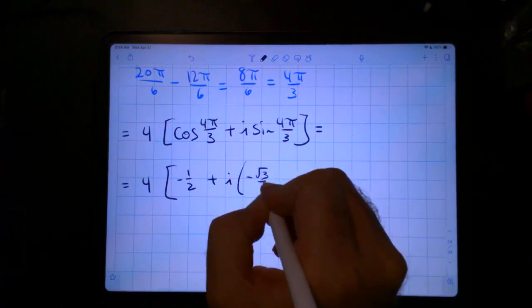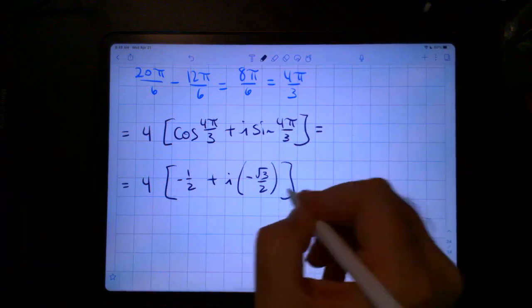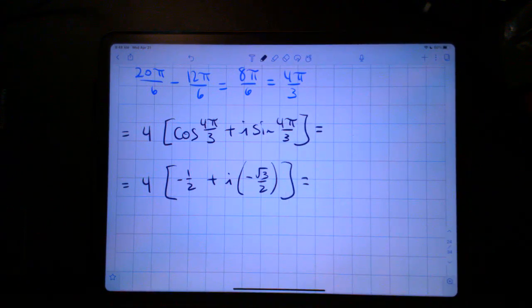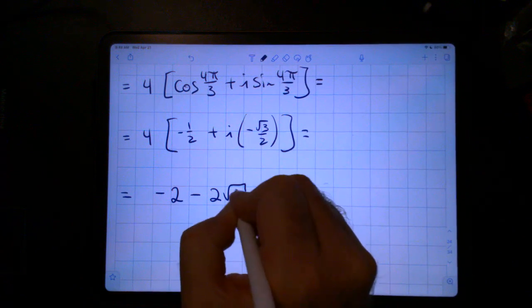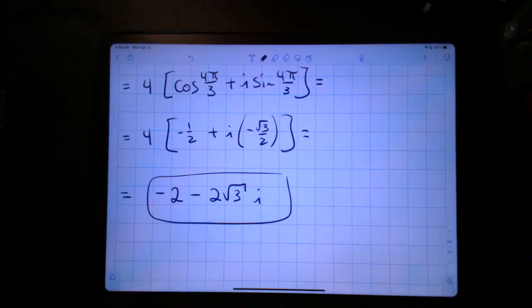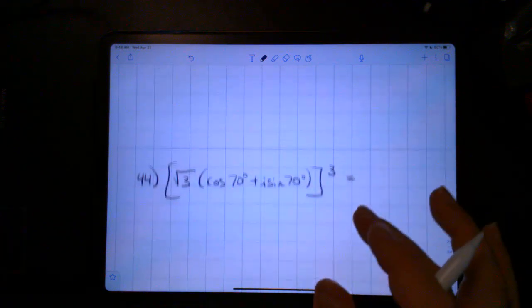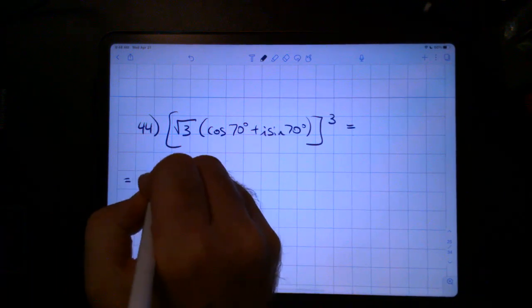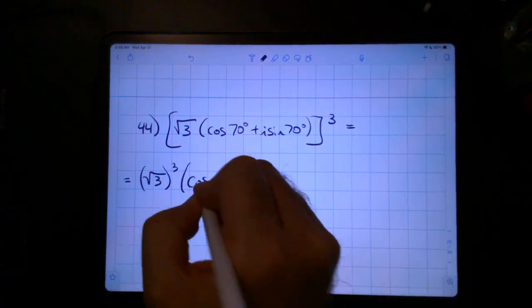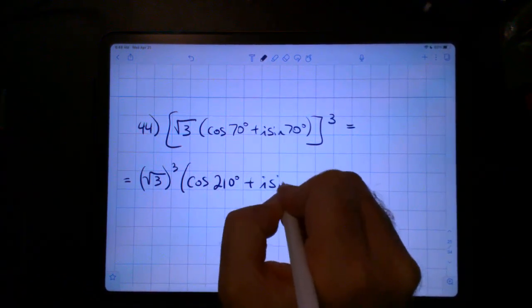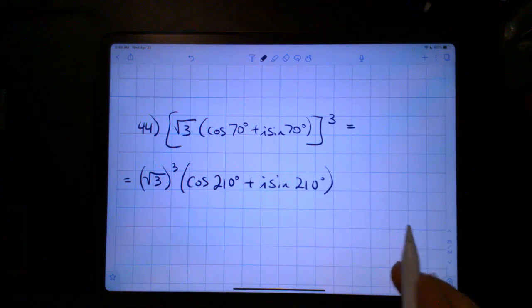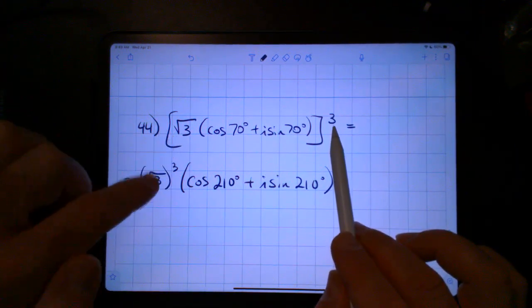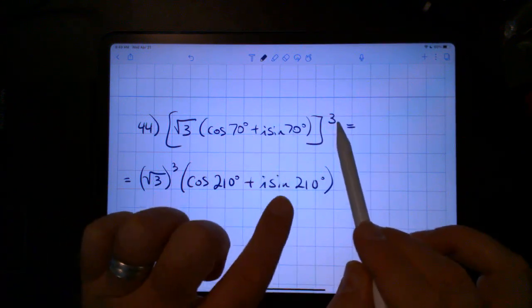And this will be, because it's the r to the 3 exponent, and then it's 3 times 70 and 3 times 70.